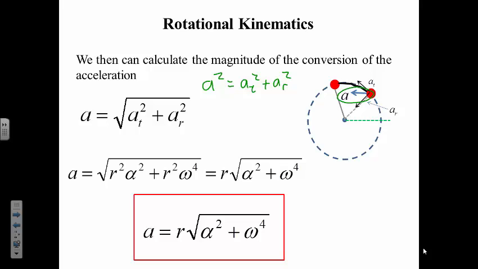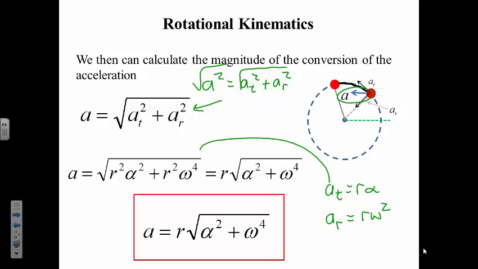So we can take the square root of both sides, and then you get this. But we know what a_t and a_r are. We said that a_t was r alpha, and a_r was equal to r omega squared.